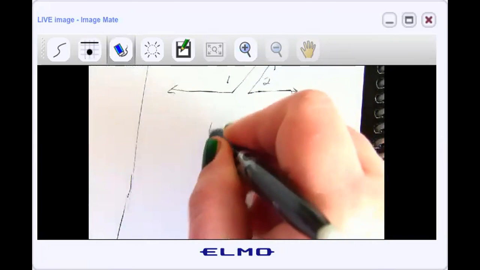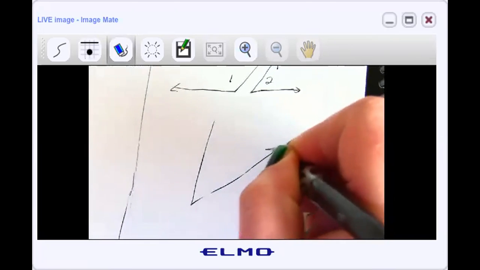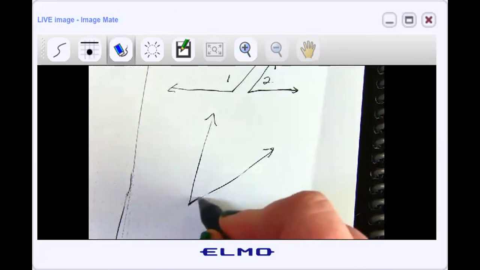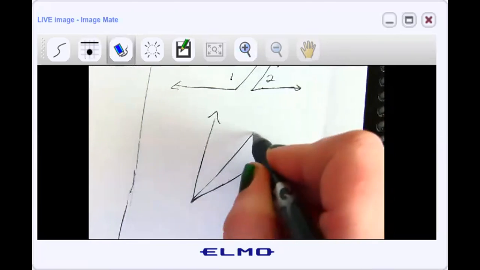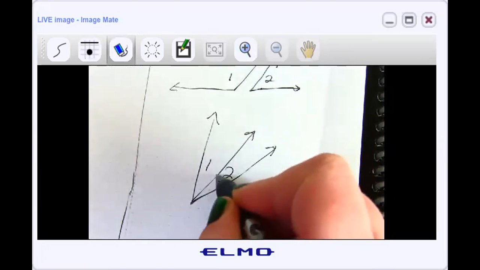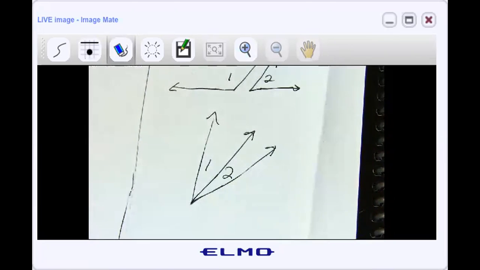Okay, who else is not a linear pair? Oh, this. These two. These are not a linear pair. They are adjacent. Yes, I will give you that. They are next door neighbors, but they do not form a straight line together.